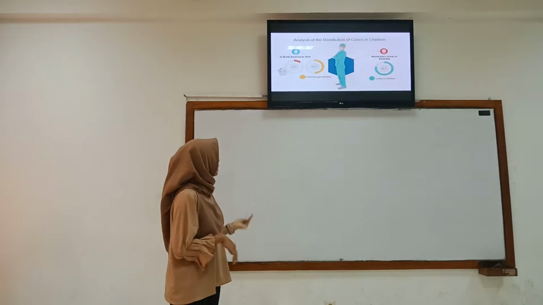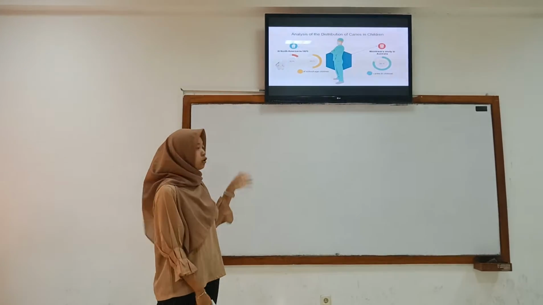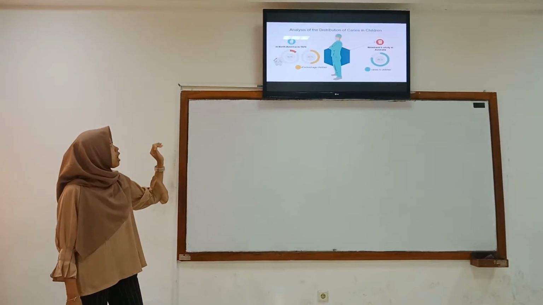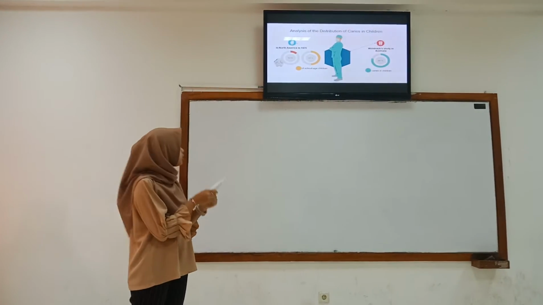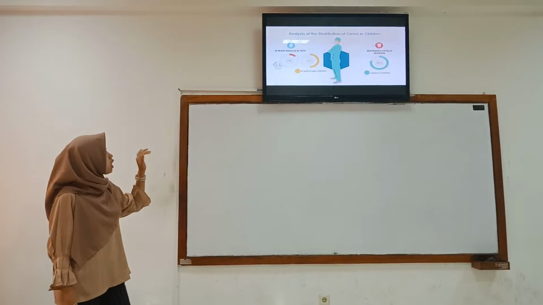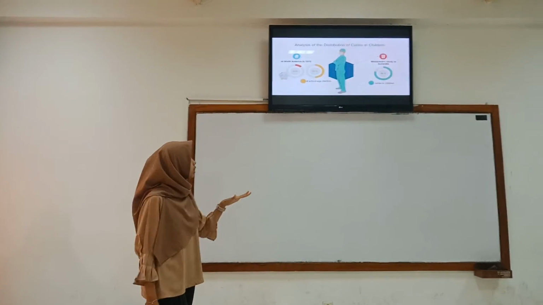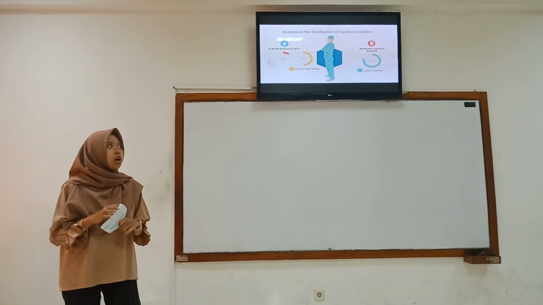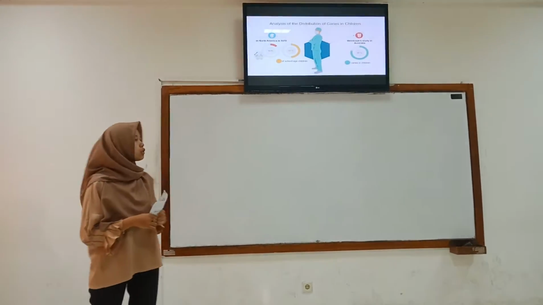The analysis of the distribution of caries in children. I got it from a journal. In North America in 1970 it showed that only 12.5% of the occlusal surfaces had caries, which accounts for 50% of caries in school-age children. In addition, a study in Australia found that 80% of all caries in children were in pits and fissures.